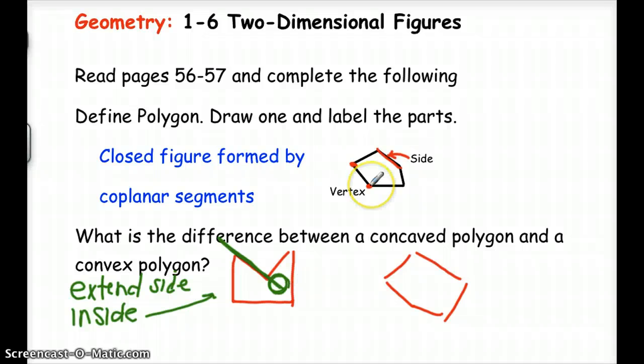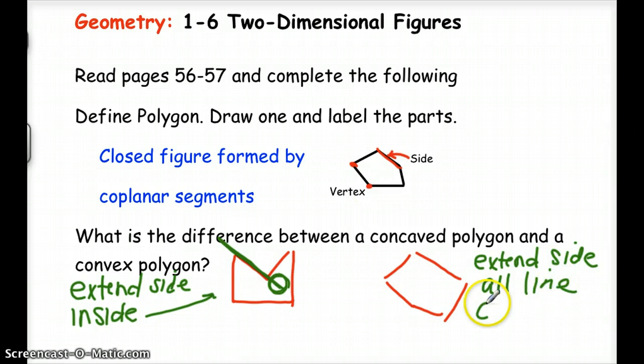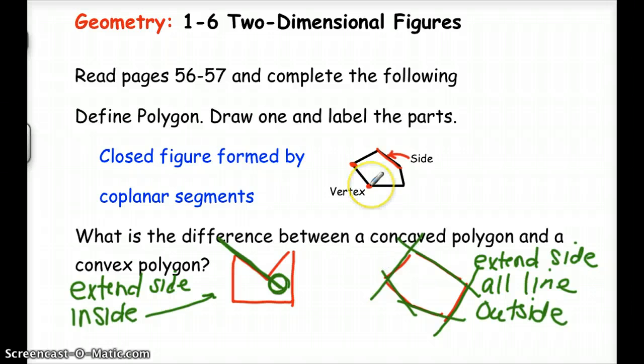Let's go over to the convex one. If you extend the sides and all those lines stay on the outside, then it's convex. See how I'm extending all my sides, and all of my lines are on the outside, so that would be convex.